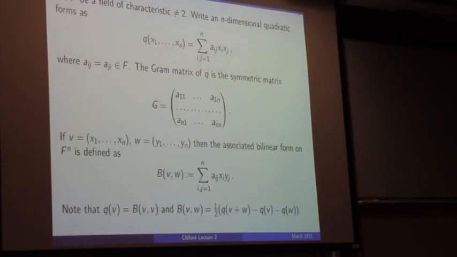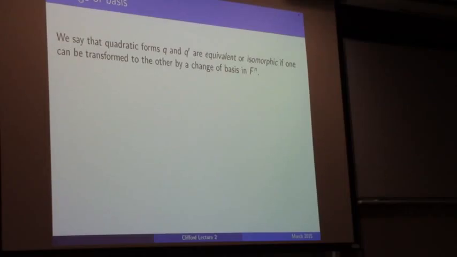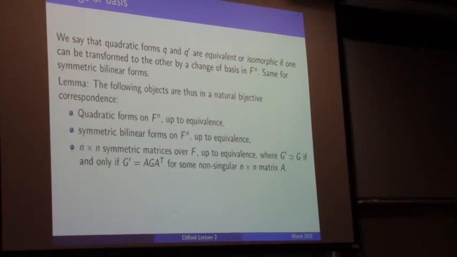So of course, what makes all of this interesting is that we identify quadratic forms. We say that they're equivalent or isomorphic if one can be transformed to the other by a change of basis in our underlying vector space. And the same for symmetric bilinear forms. So it's very easy to see that the following objects are in a natural bijective correspondence.